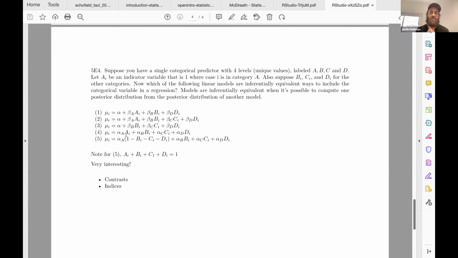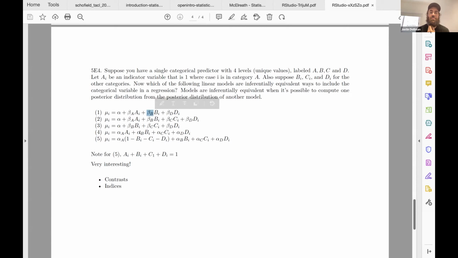Okay, great question. Just for the benefit of people who haven't seen this problem, the difference between 4 and 1 is that we removed the intercept and included an indicator for each one. So now, for example, let's take the difference between alpha B in the 4th model and beta B in the first model.